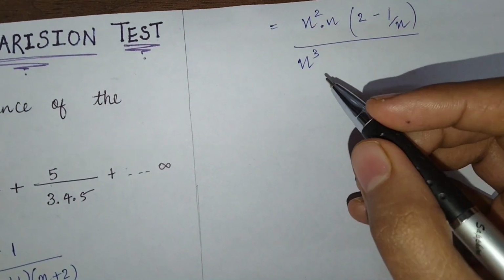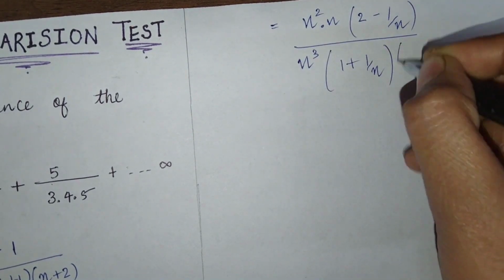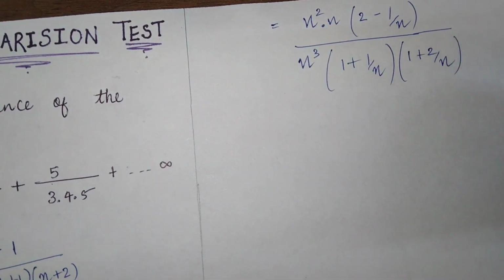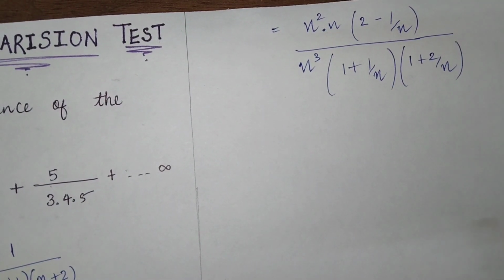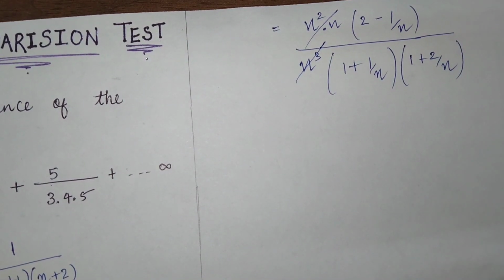So we will get n cube into 1 plus 1 by n into 1 plus 2 by n. Okay? So in this way we took n terms common from the numerator and denominator part. So now this n cube and this n cube will get cancelled.